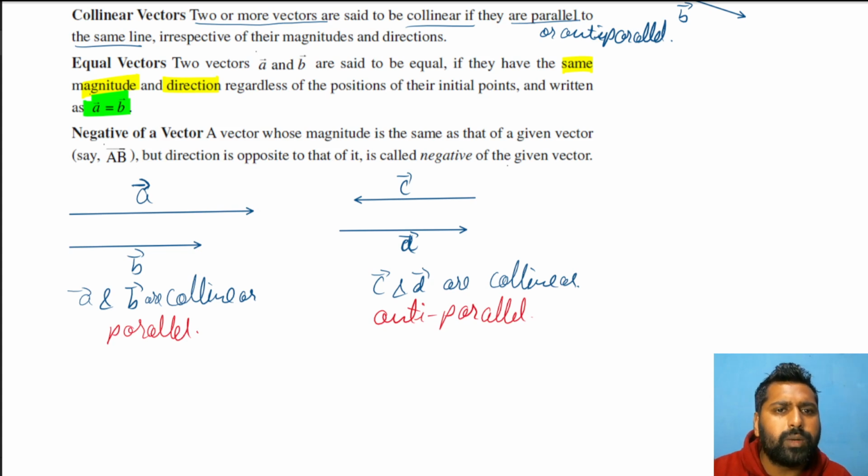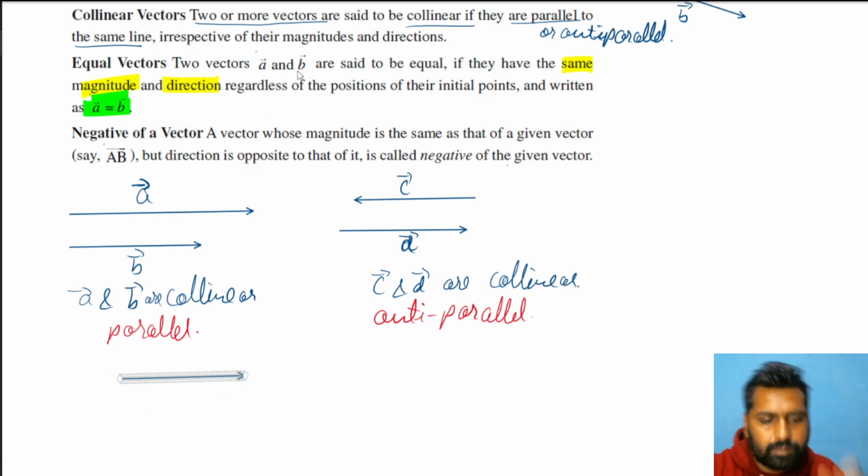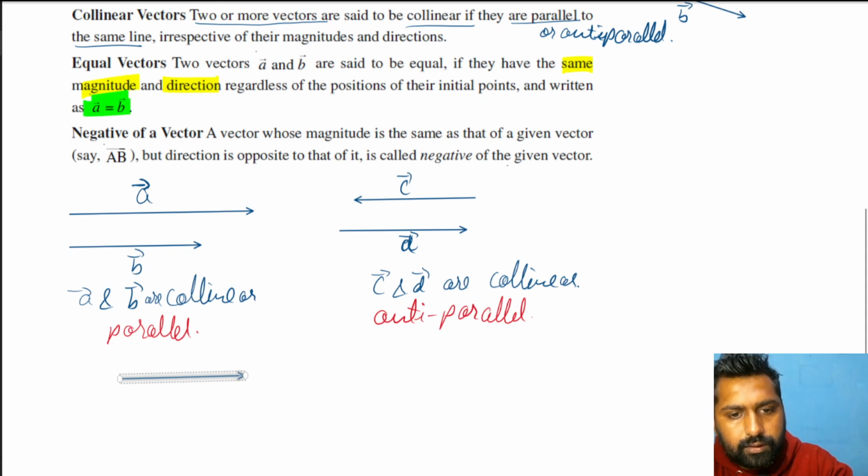So an equal vector will look like this. I have the copy paste, and I'll use that.